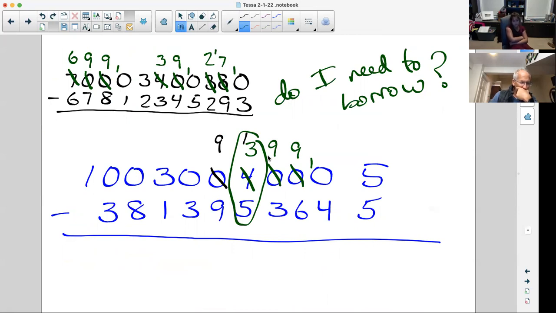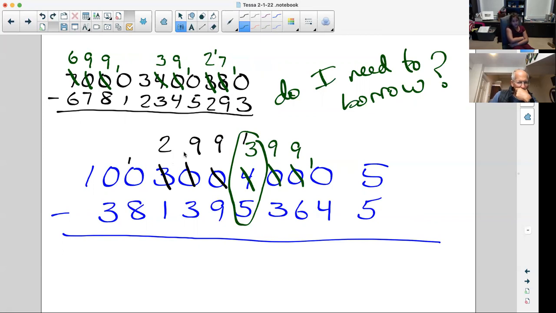So we borrowed the 9. We made the 0 a 9, and we borrowed that from the 0, which also becomes a 9. And we borrowed that from the 3, which becomes a 2. And then that 0 becomes a 10.